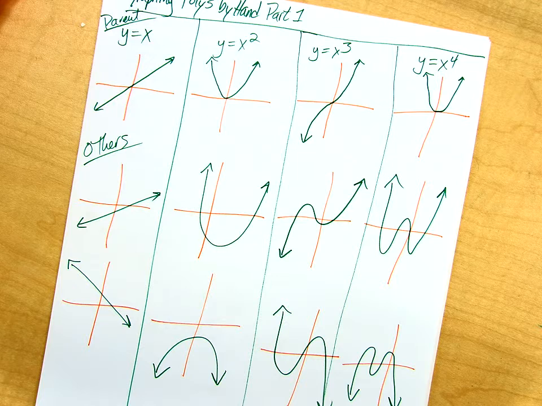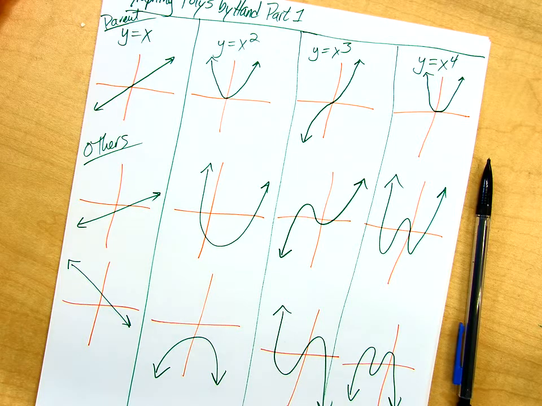So real quick, let me just throw them on a graphing calculator so you can see. Okay, x squared and x to the fourth.